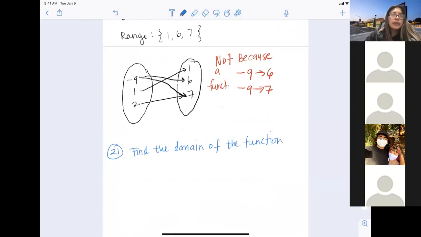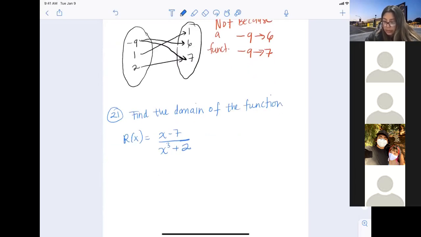Find the domain of the given function. Let's say I have r of x is equal to x minus 7 over x cubed plus 2. Okay.